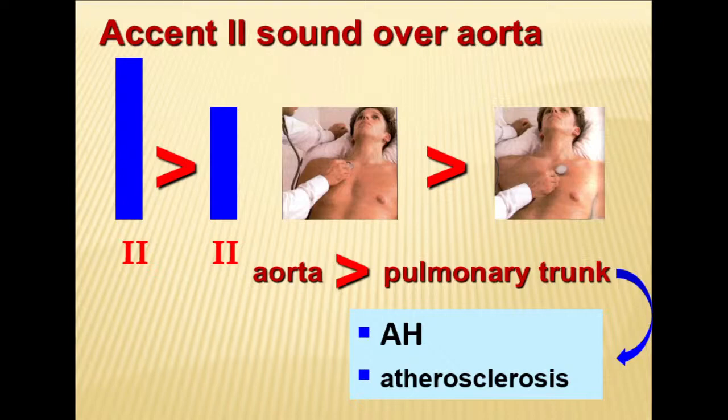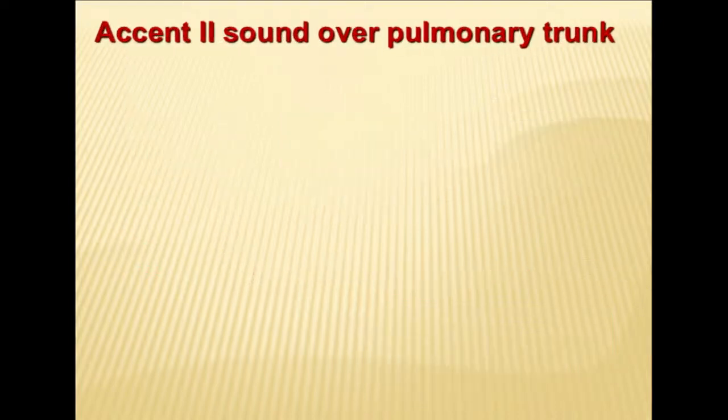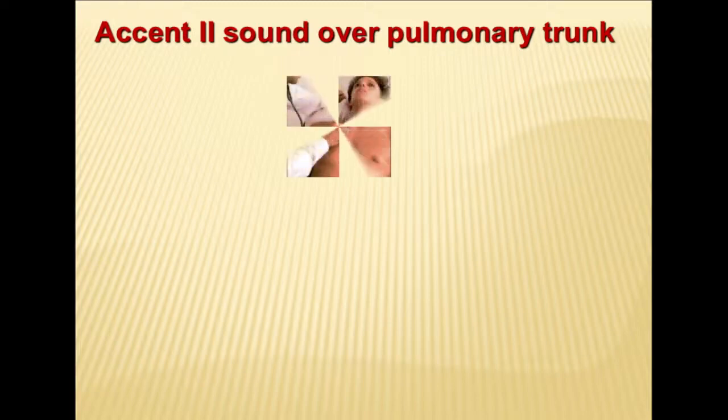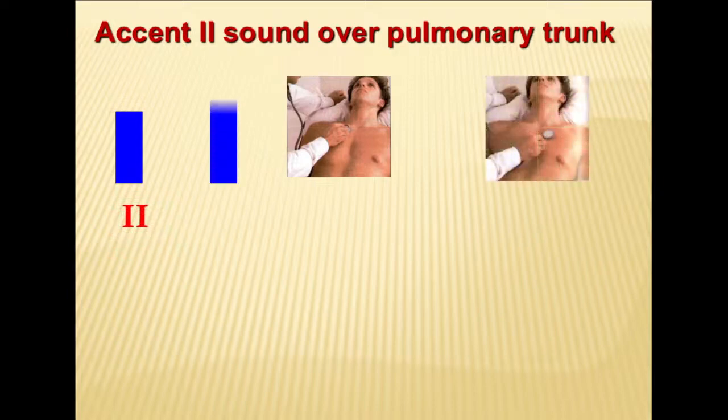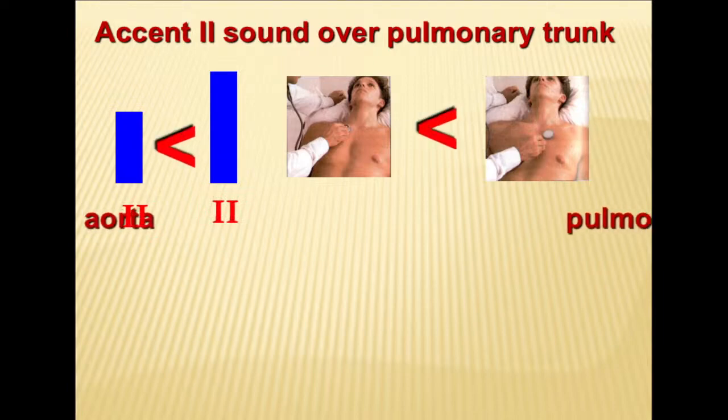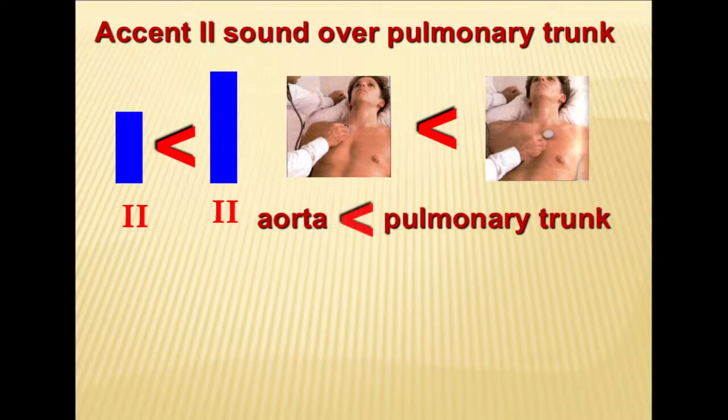Opposite correlation. Accent of the second sound over the pulmonary trunk. We are talking about this problem when the second sound over the pulmonary trunk is heard louder than over the aorta.